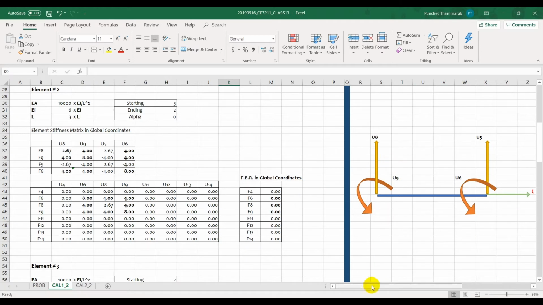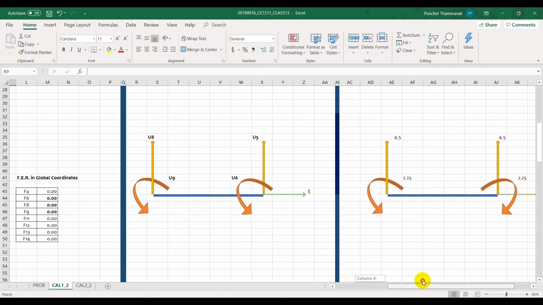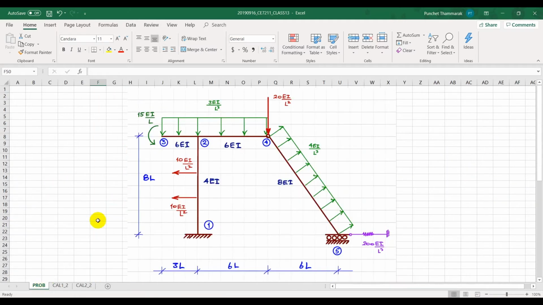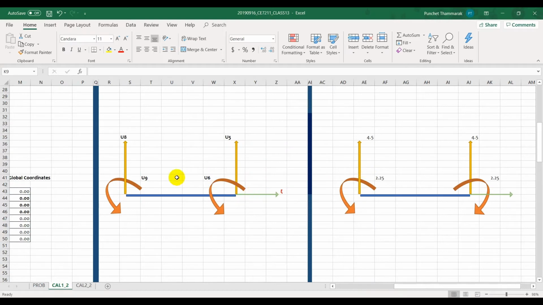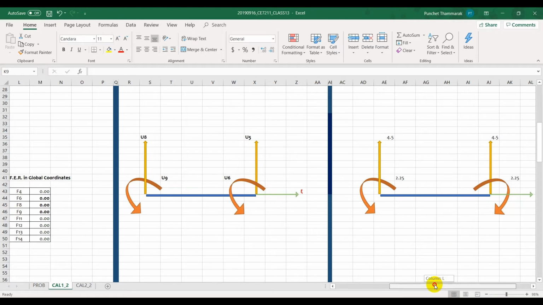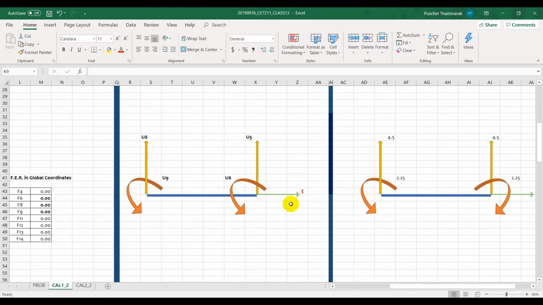Then let's look at the force vector for member number 2. Member number 2 is subjected to this uniformly distributed load over this region. The span is 3 meters, 3L, and the magnitude is 3 EI/L cubed. So according to that uniformly distributed load pointing downward, we need the reactions to be going upward, of which the magnitude is 4.5.